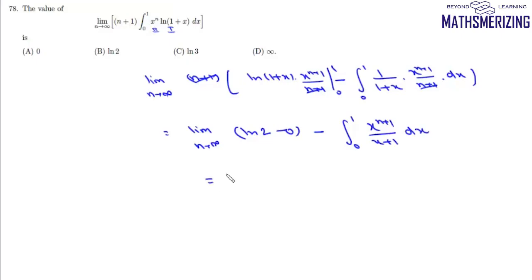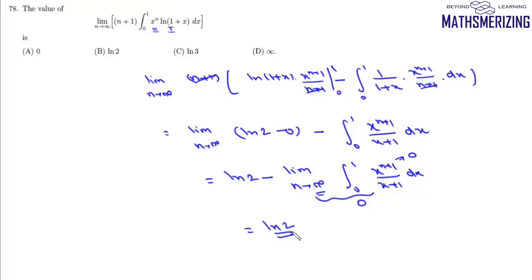So it'll be log 2 minus this limit n tends to infinity from 0 to 1 x to the power n plus 1 upon x plus 1 into dx. Now when n tends to infinity, this x lies between 0 and 1. So this value will be nearly 0. So value of this integral is nothing but 0. So answer to this limit will be log 2, and that's your option number B.